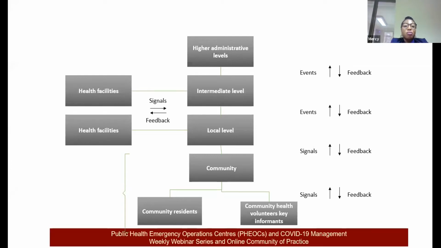Usually we have an event-based surveillance focal point at the district level, who does aggregations of data. But in this case, when the community volunteer reports to the supervisor, the supervisor then reports to the district focal points, and then it moves to the intermediate level and then to the national level. And then feedback on verification and whatever action is being taken follows the same channel downwards. Next slide.